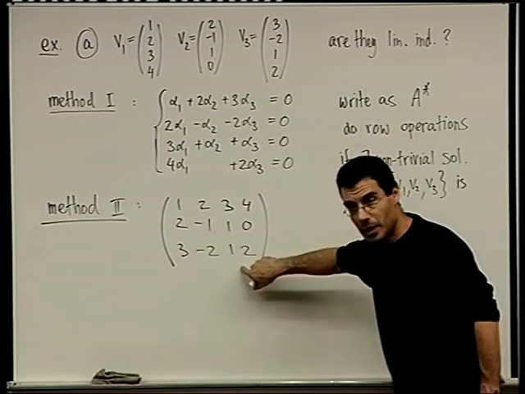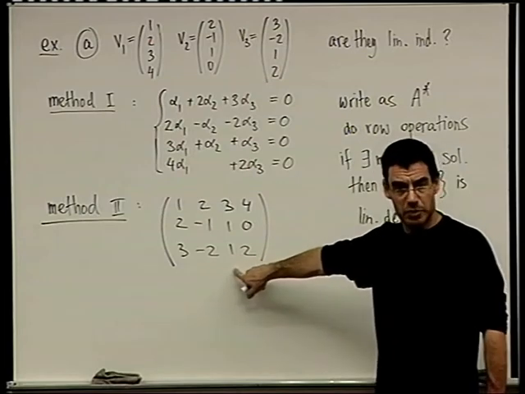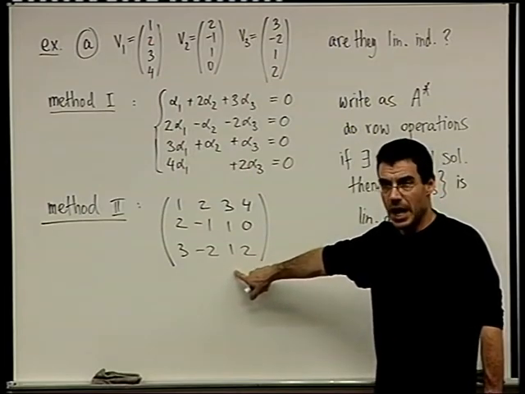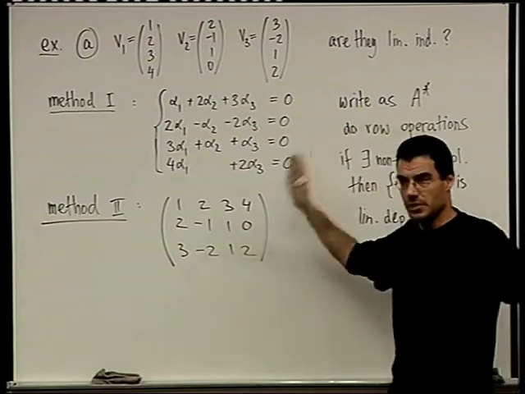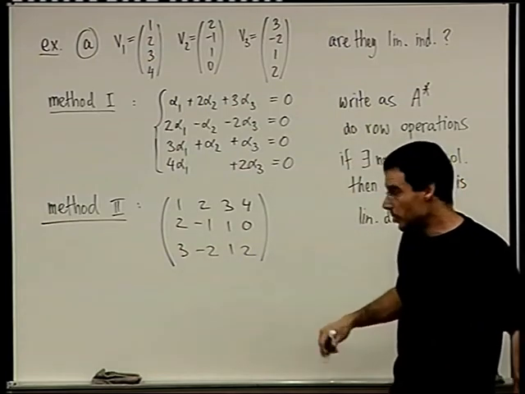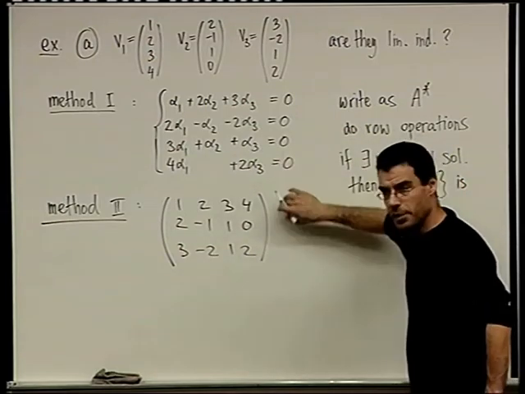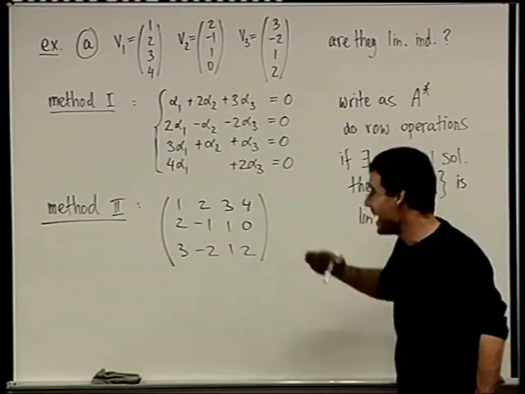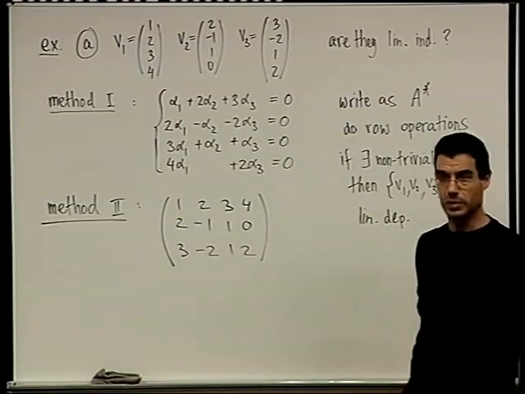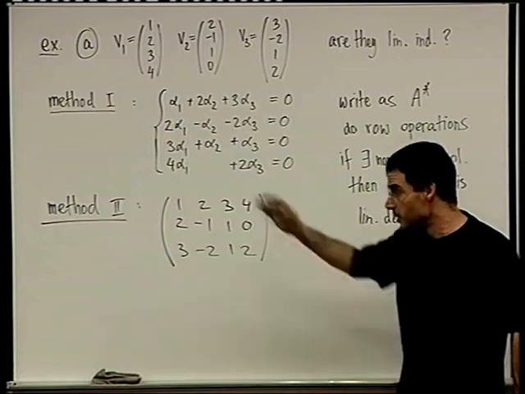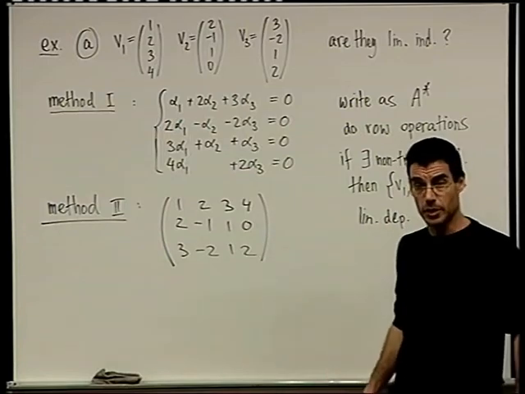But now, we're not treating it at all as a system of equations. This is not an A star matrix of some system. Okay? There's no 0, 0, 0 here, and there's no 13, 8, 3 here. It doesn't have anything to do with a system of equations. It's method 2. It's a totally different question.